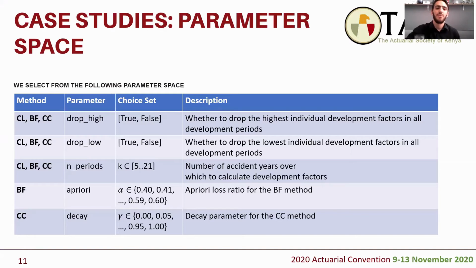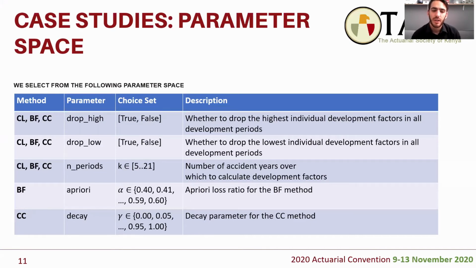For the first 2 rows, we choose whether we drop the highest and the lowest loss development factors. And the third row, we choose over how many accident periods we calculate the loss development factor over. So for example, for 5, you might use the most recent 5 accident periods, or you might use all the available accident periods to calculate your loss development factor.